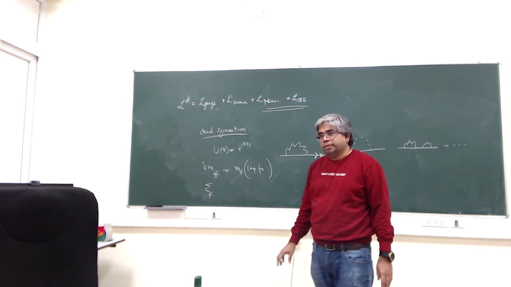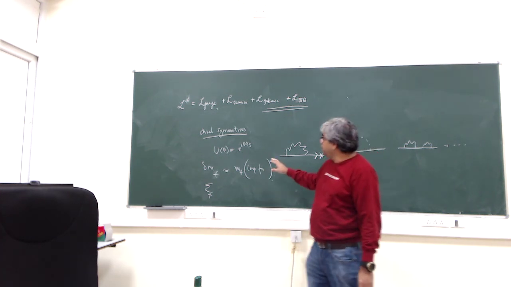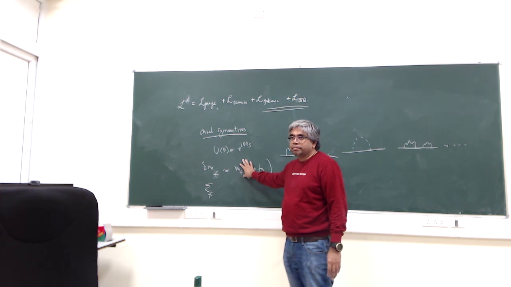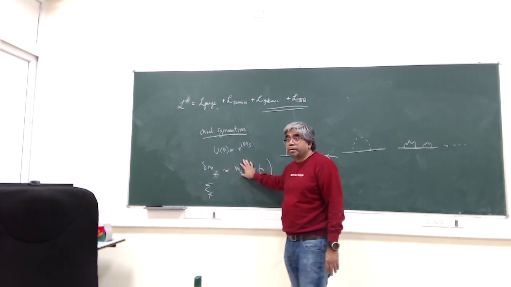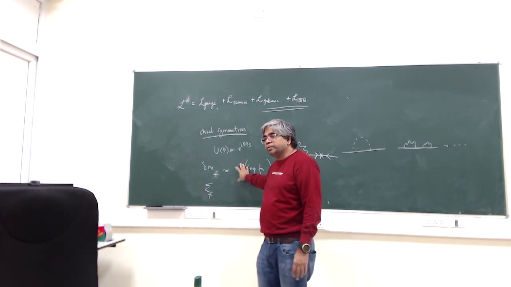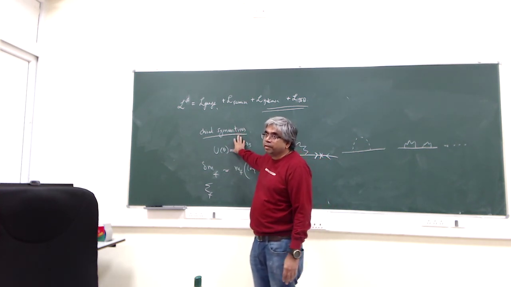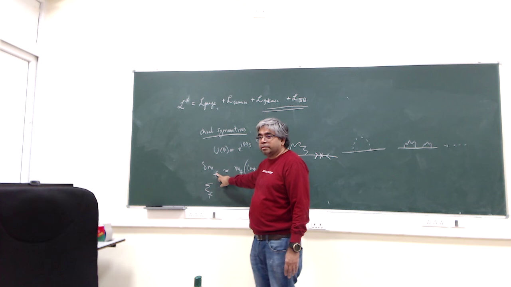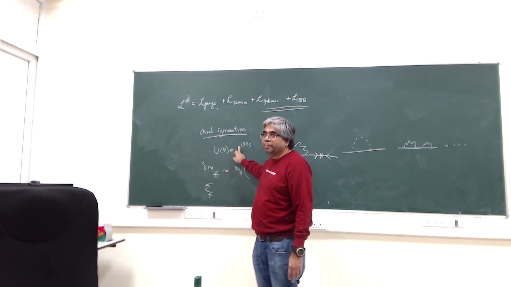Exactly. So there is some symmetry. In the limit mf goes to 0, this correction also goes to 0, but only if mf goes to 0. That's an important point. In the limit mf goes to 0, there is a new symmetry in the theory, chiral symmetry.